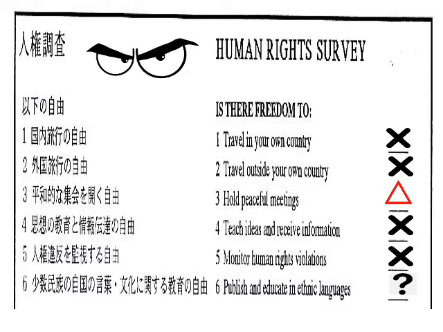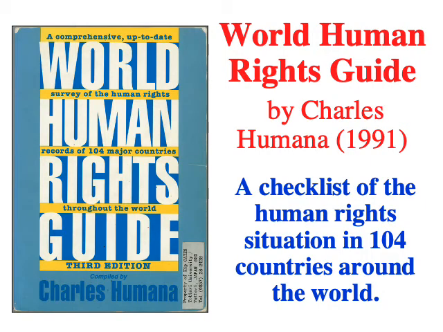What about the experts? At this point in the class, I'll bring in the expert, this guy, Charles Humana. In 1991, Charles Humana, after 5 years of research, published a book called The World Human Rights Guide, a checklist of the human rights situation in 104 countries around the world.